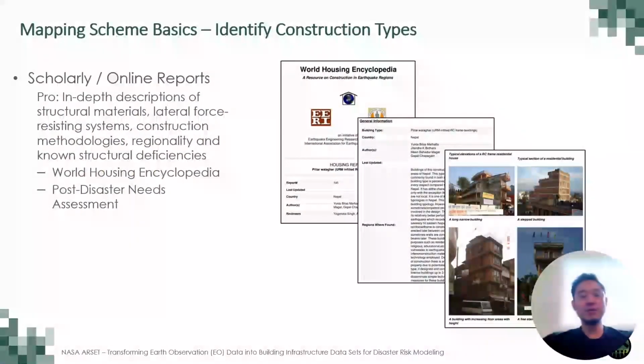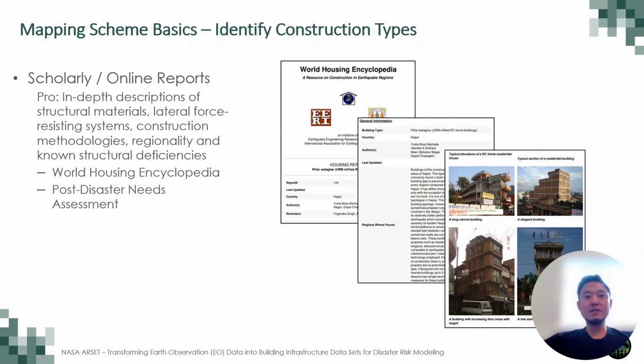So the first thing you want to do in your country of interest, region of interest, is know what the built-up environment can consist of. What materials are used, what's the typical structural system. Things in the U.S. are going to be much different than areas such as Nepal. So the first thing that we'll do is look at any scholarly or online journals, the World Housing Encyclopedia, any PDNA reports.